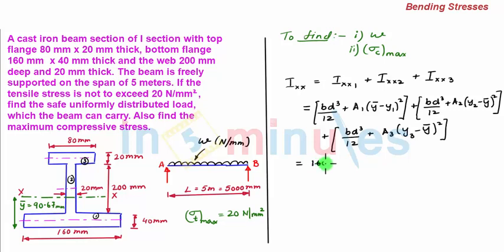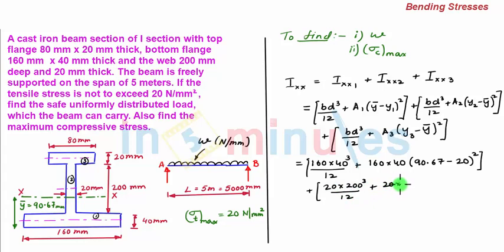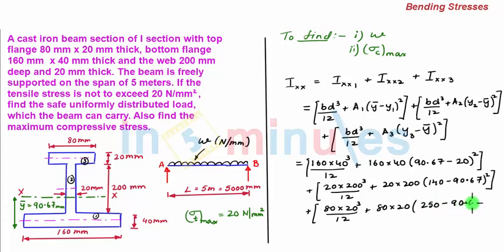So 160 into 40 cube by 12 plus area is 160 into 40 into (y bar minus y1 is 90.67 minus 20) the whole square, plus 20 into 200 cube by 12 plus 20 into 200 multiplied by (140 minus 90.67) whole square, plus 80 into 20 cube upon 12 plus area A3 is 80 into 20 into (y3 is 250 minus 90.67) the whole square.